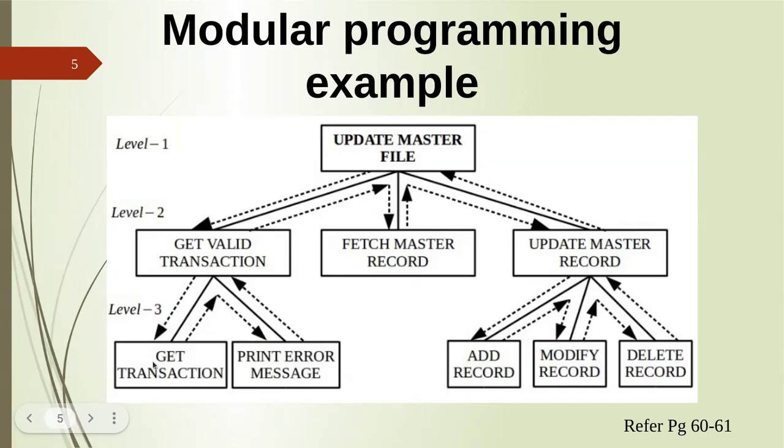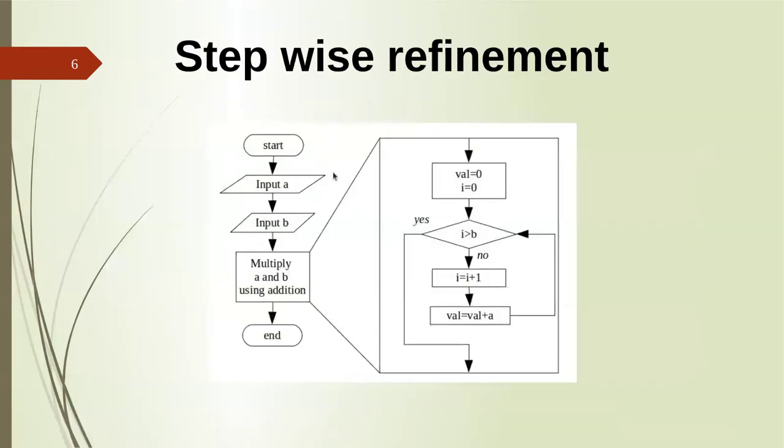Now we program this get transaction only as one module. Then all these modules we program separately and combine them to become this level 1 program.